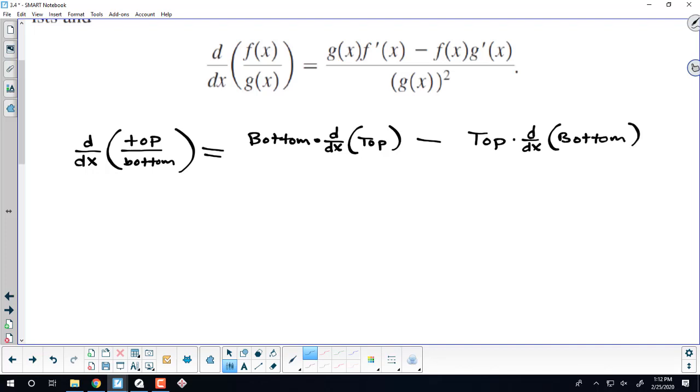And then we have to divide all of that by the bottom squared. Now, typically when we write out the derivative of a quotient, you don't square out that bottom function. It's just left as the bottom function squared. So we don't usually worry about expanding that.